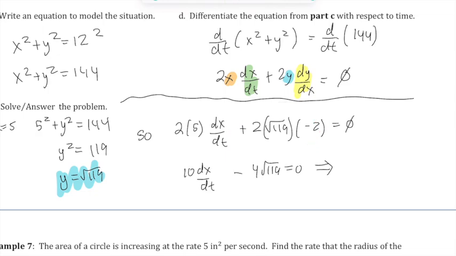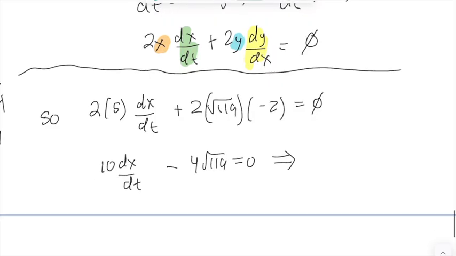After that, I'm going to add this to each side and then divide by 10. So my final answer is dx/dt equals 4 times the square root of 119 over 10.